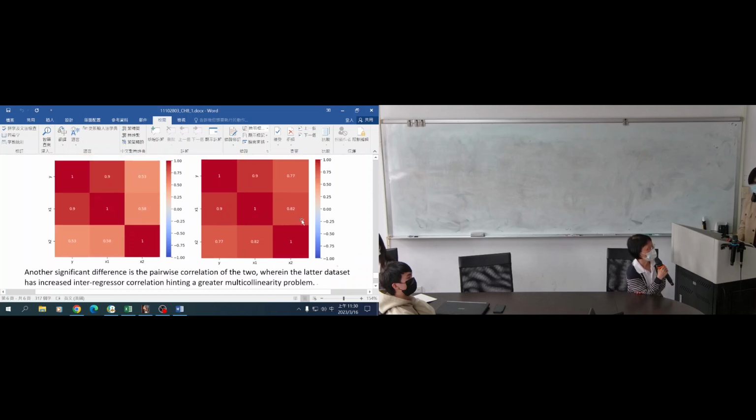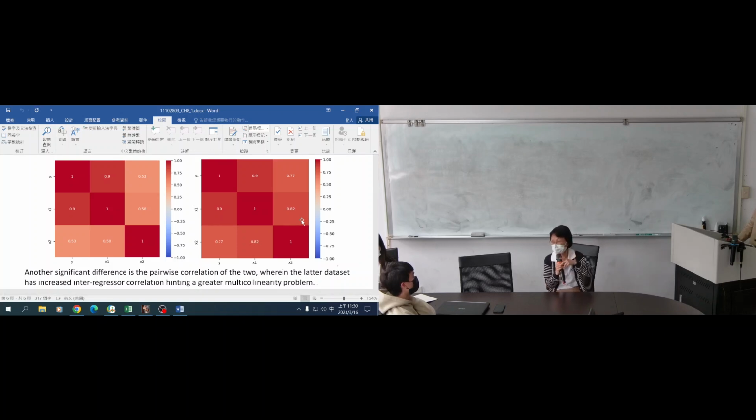So this one just indicated that if you change the observation, then it may cause multicollinearity. And for this example, if you look at the whole model and also the individual variables, the whole model is not significant.